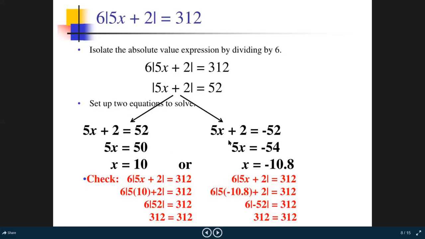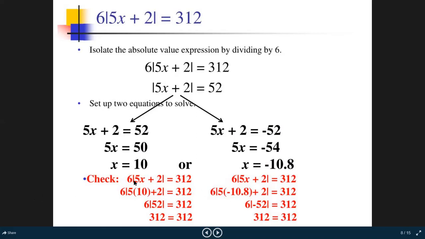Now if the whole expression 5x + 2 is equal to a negative number, minus 52, we shift 2 to the right side. Minus 52 minus 2 is minus 54, and the answer becomes minus 10.8.